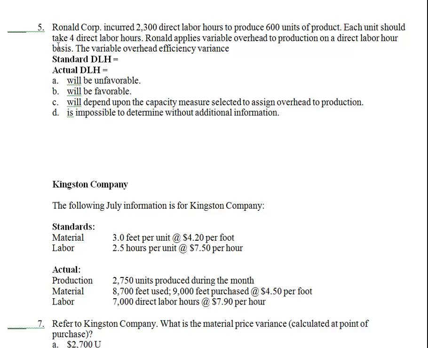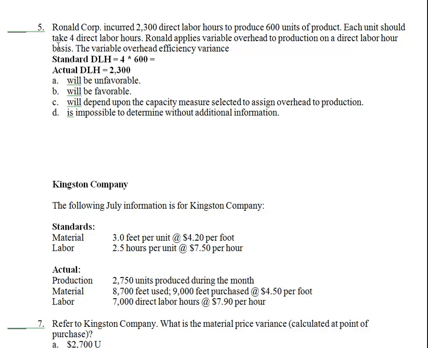So for your actual direct labor hours, it's 2,300. For standard direct labor hours, which would be standard quantity, remember, for standard quantity, we take how many hours we think it should take to make a unit and multiply it by the actual number of units.